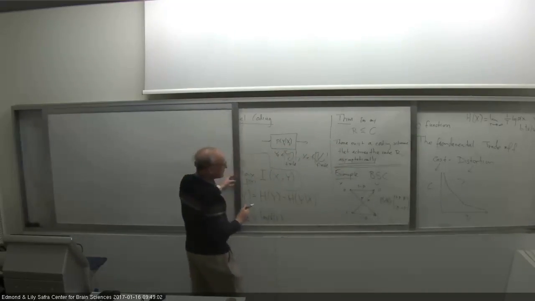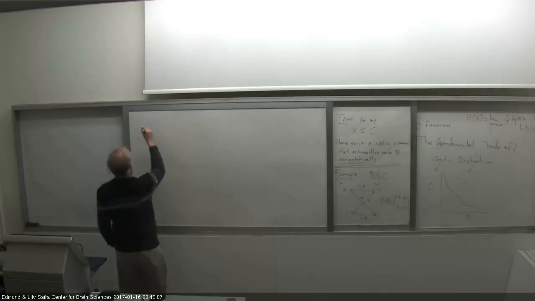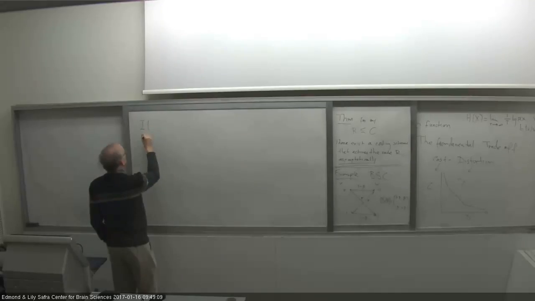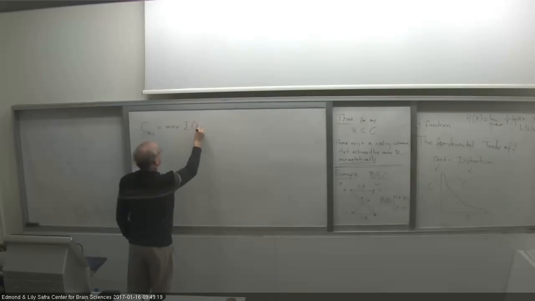It's actually a very simple exercise, which you can do yourself. The capacity of the binary symmetric channel is the maximum of I(X;Y), and let's just calculate it.